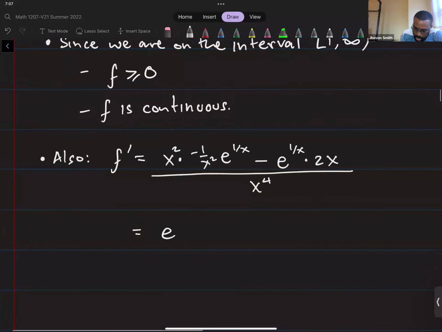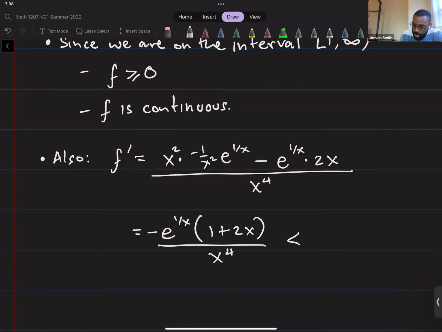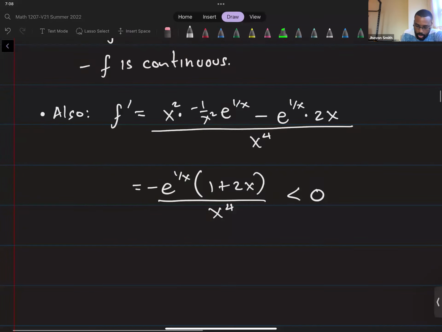So this is e to the 1 over x times minus, I can factor out a negative here, minus e to the 1 over x times 1 plus 2x over x to the 4th. And that is negative. So this means f is decreasing.